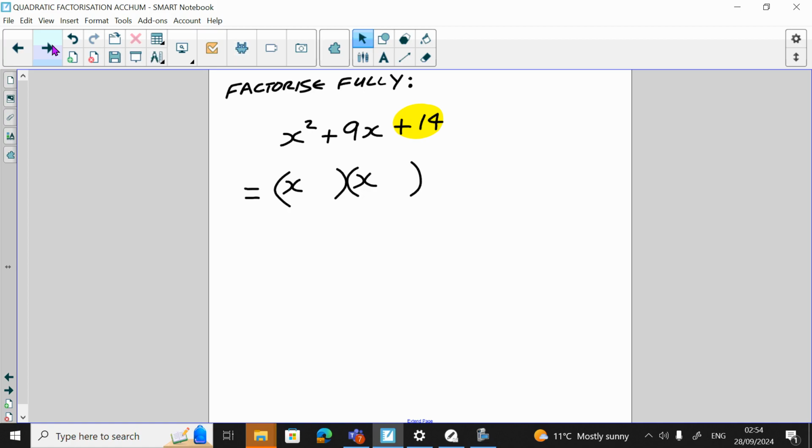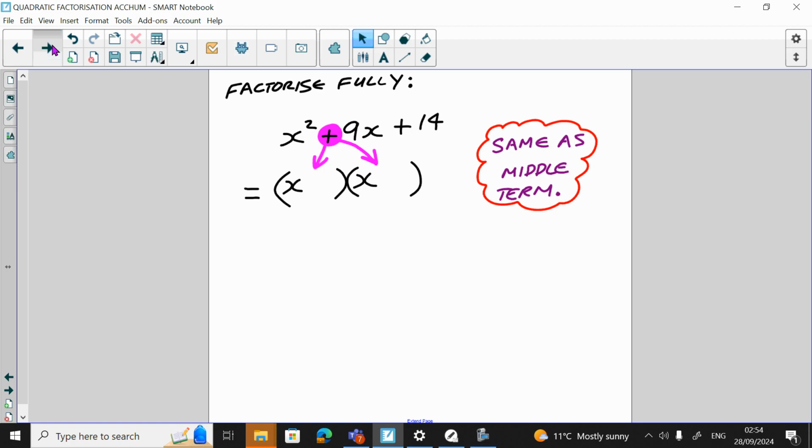We're looking at the sign, it's positive, so it tells us the signs to the right of the x's must be both positive or both negative. Right, so we'll get the same signs here. They will be the same as the middle term. So they're both going to be positive again.